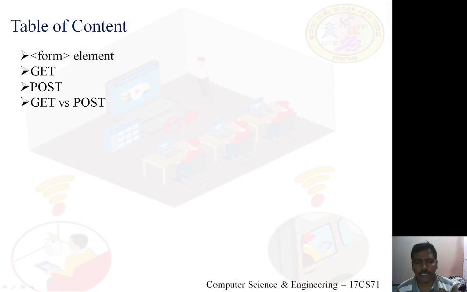First let me tell you what those two form elements are. I said one is action and the other is method. What are they actually? We'll see first. Later, there are two methods of passing query string. The first is the get method and the second is the post method.